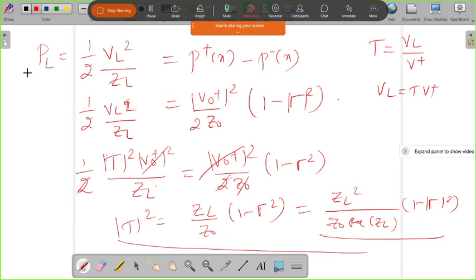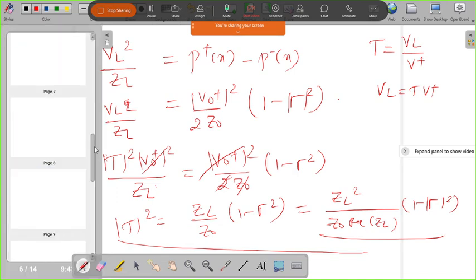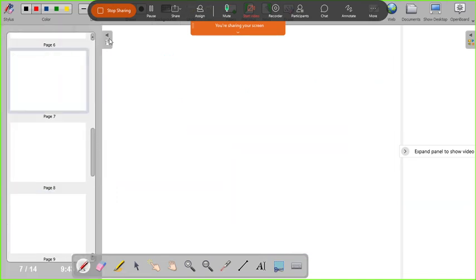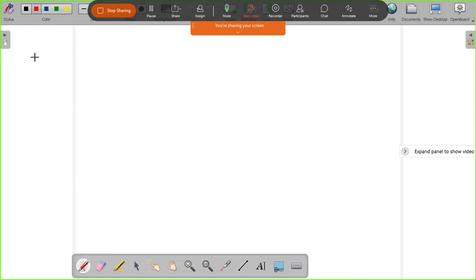So now we'll move to the next one, that is the standing wave ratio. So now what is meant by standing wave ratio?